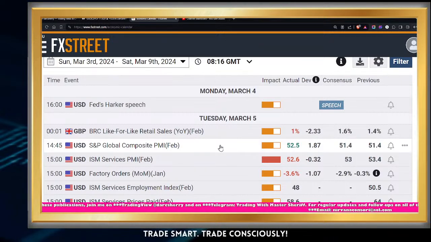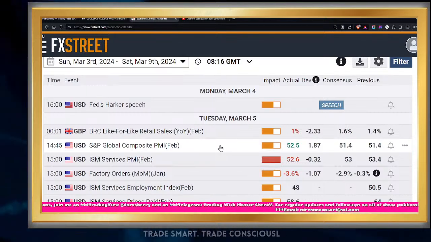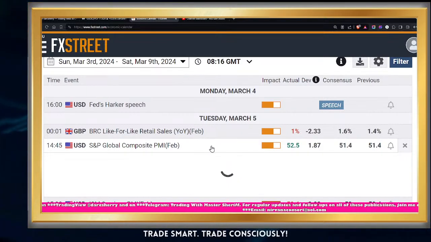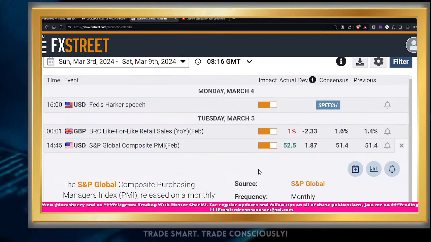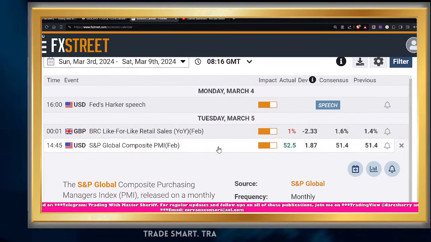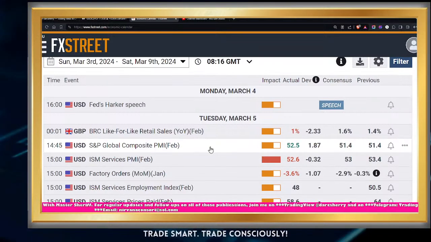Then later yesterday we saw mixed data from the S&P Global Composite, which came in beyond expectation, giving us a positive deviation of 1.87, and we all know how important this is, as it gives us an idea of how well both the manufacturing and services sectors of the United States are doing.